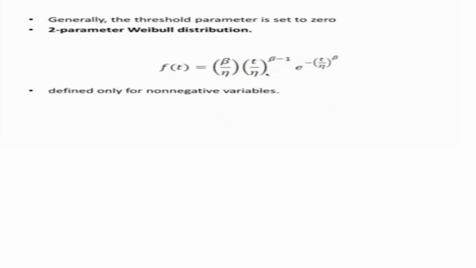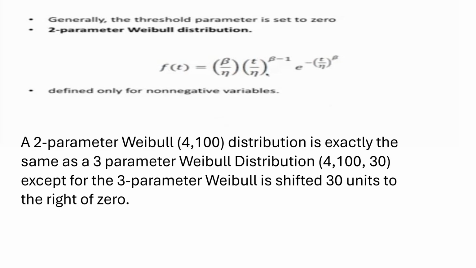Thus we have the 2-parameter Weibull distribution, which is defined as f of t equals beta upon eta multiplied by (t upon eta) to the power beta minus 1, e to the power minus (t upon eta) to the power beta, defined only for non-negative variables. Now a 2-parameter Weibull distribution with parameters 4 and 100 is exactly the same as a 3-parameter Weibull distribution with parameters 400 and 30, except that the 3-parameter Weibull is shifted 30 units to the right of 0.